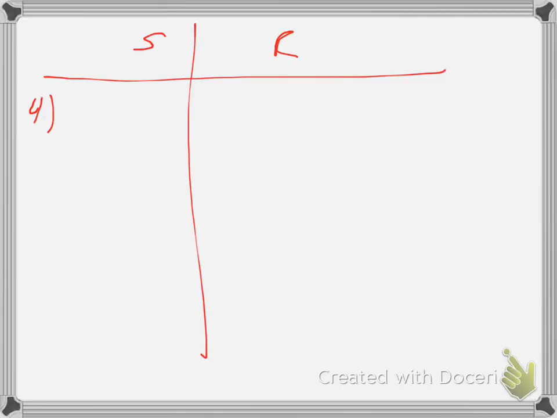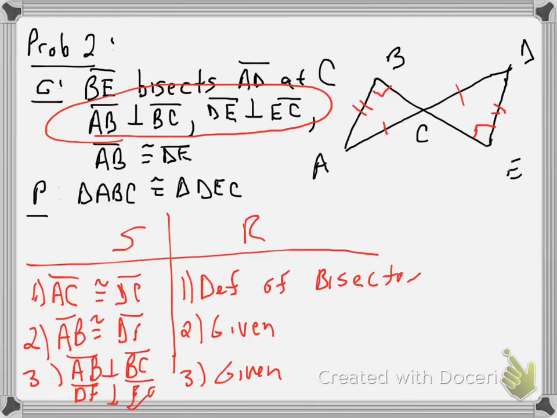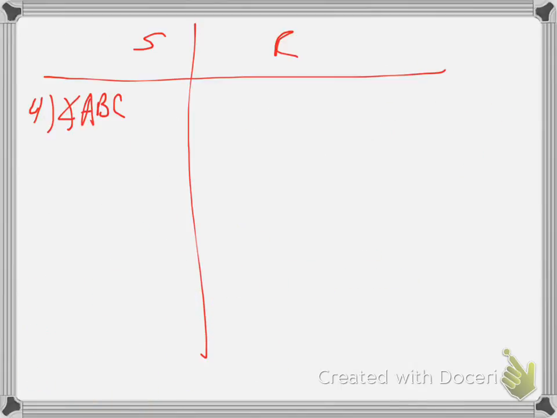So statement 4, what I'm going to say is angle ABC and angle DEC are right angles by definition of perpendicular lines.